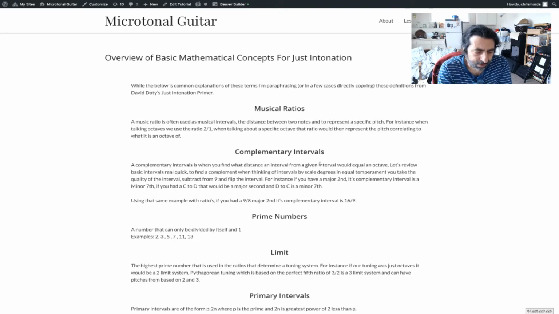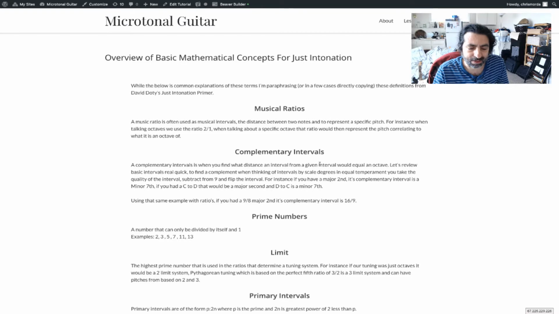Okay, so once again, first thing, of course, to understand is musical ratios. I've got some links to the playlist below, and I've extensively done a couple of very long videos on the harmonic series where you could really learn about the ratios in more detail.